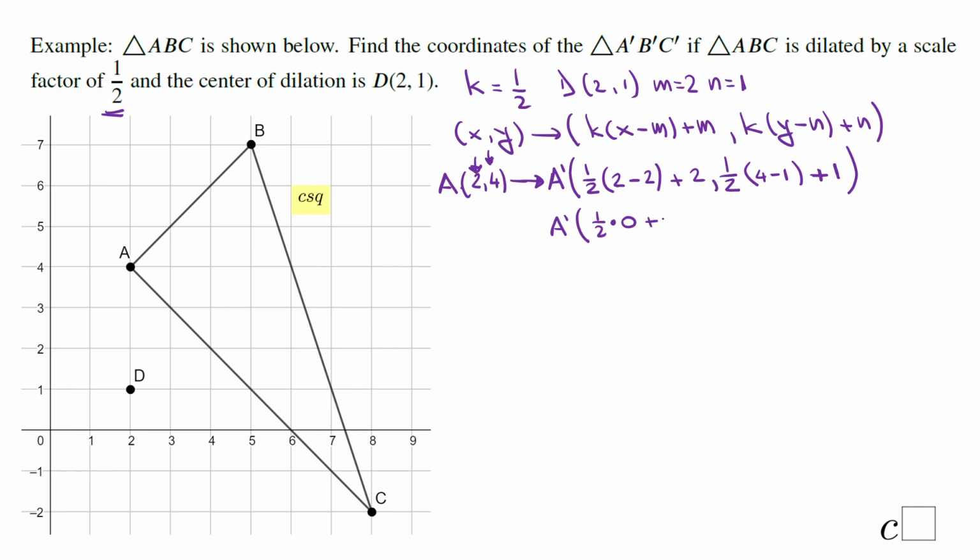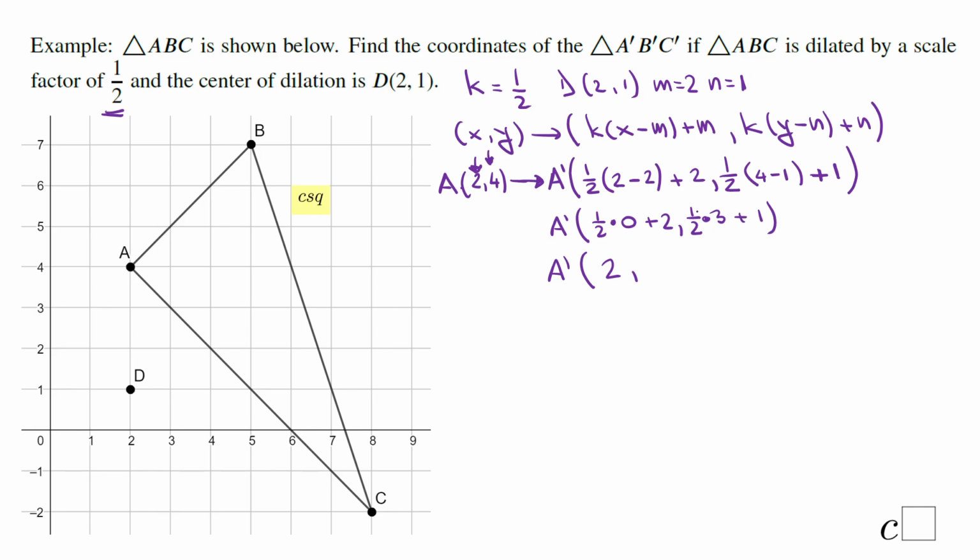Okay. And let's go to the second part, the Y coordinate. We have 1/2, 4 minus 1, that is 3. So 1/2 times 3 plus 1. Okay, and let's see now if we can get the point. 1/2 times 0 is 0, plus 2 is 2.